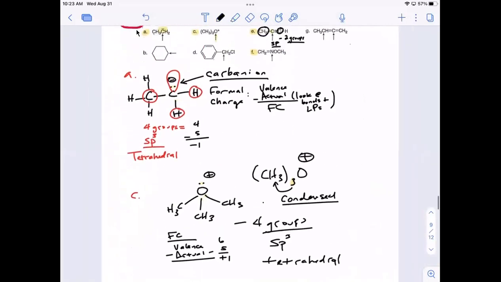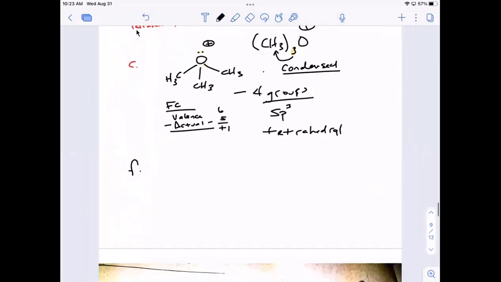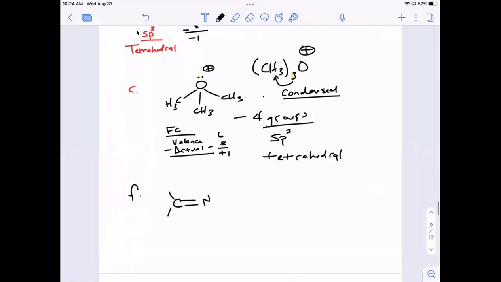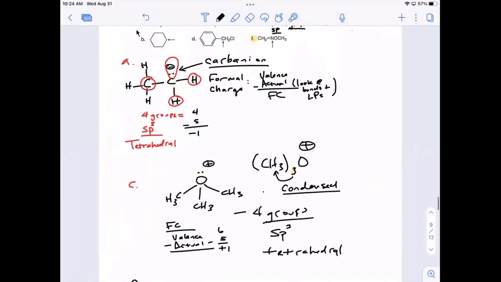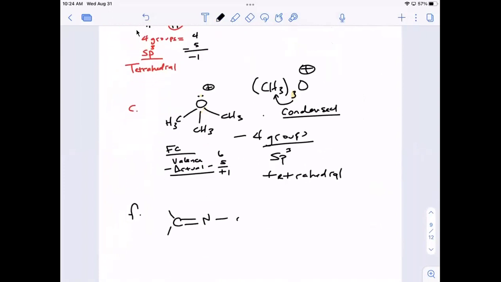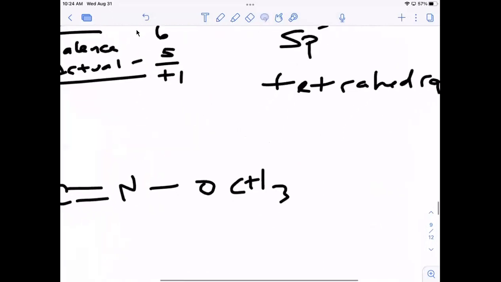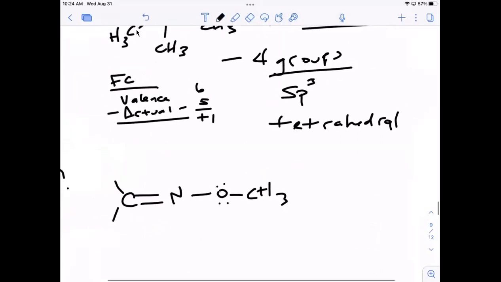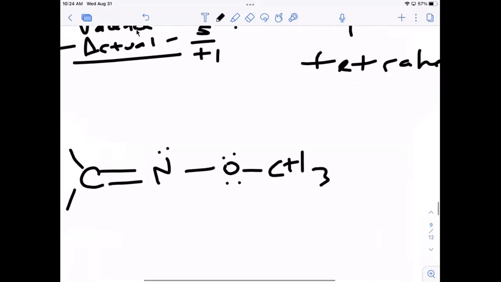We're gonna actually do all the atoms in F. CH3. All right. Now we're gonna do the nitrogen first because that's what it asked for, but we're gonna do all the other ones too.